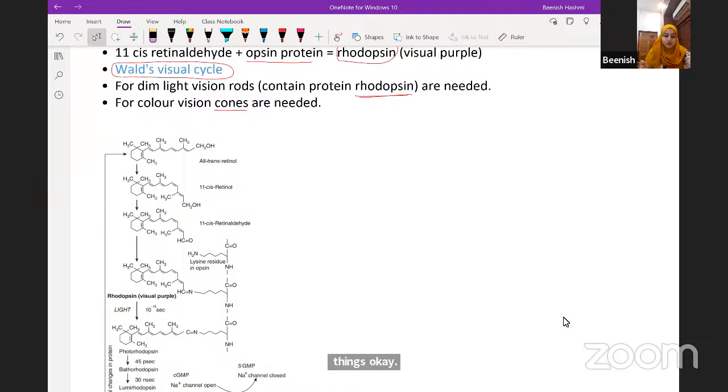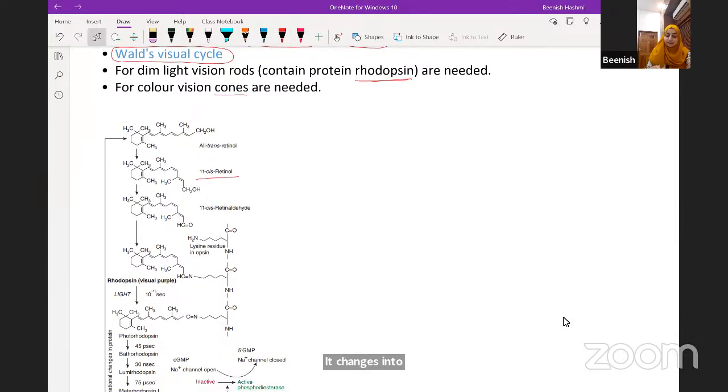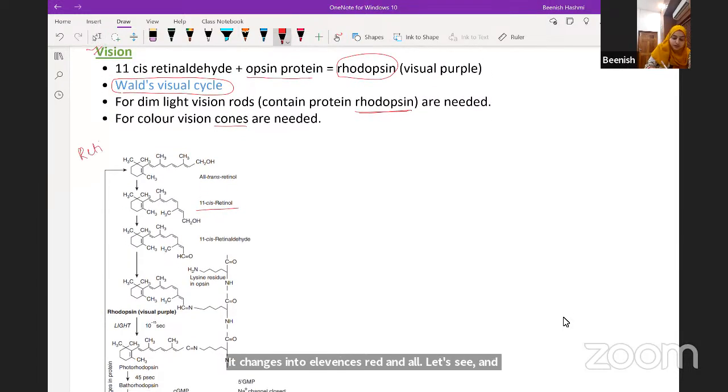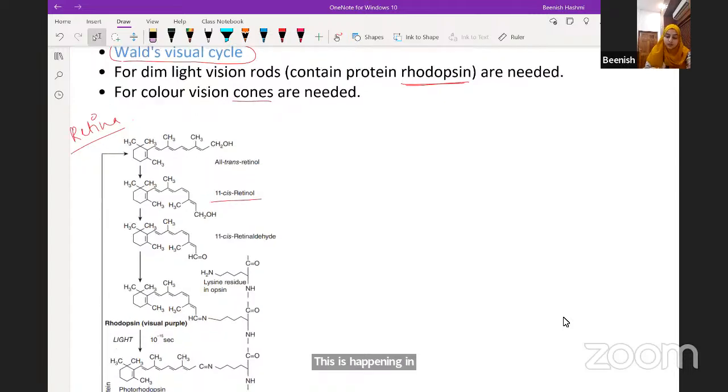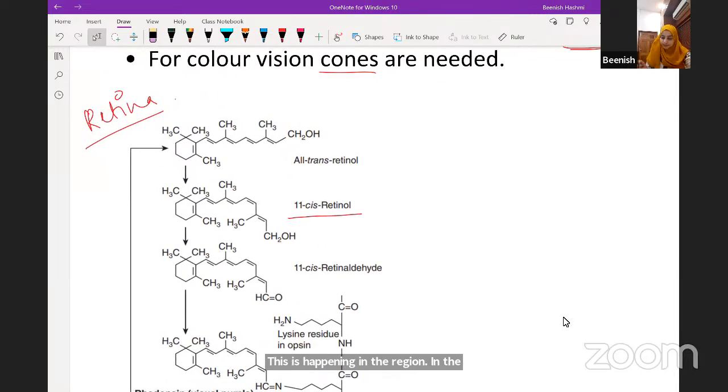So your all trans retinol changes into 11 cis retinol, and all this is happening in the retina. All trans retinol changes into 11 cis retinol, and then this 11 cis retinol changes into 11 cis retinaldehyde or 11 cis retinal.